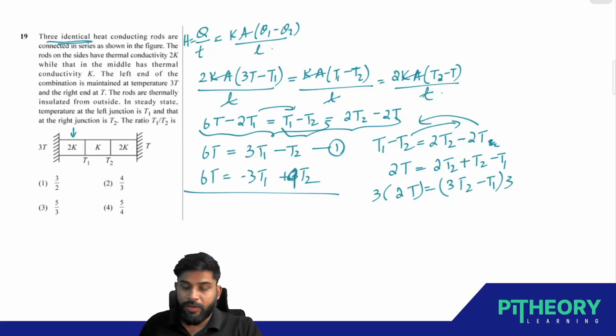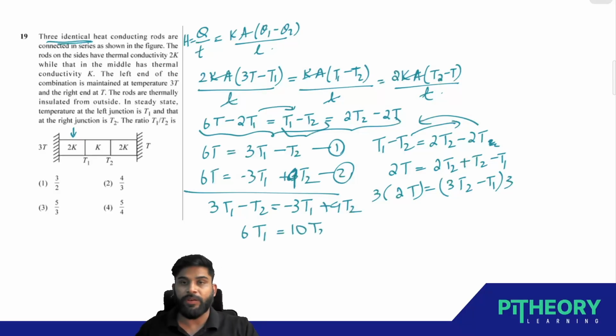So now you can equate between these two. You have the first and second equation. What we can do, we can equate. We have 3T1 minus T2, that is equal to minus 3T1 plus 9T2. So 3T1, if it comes to the left hand side, you get 6T1, that is equal to 10T2. So what is our answer required?